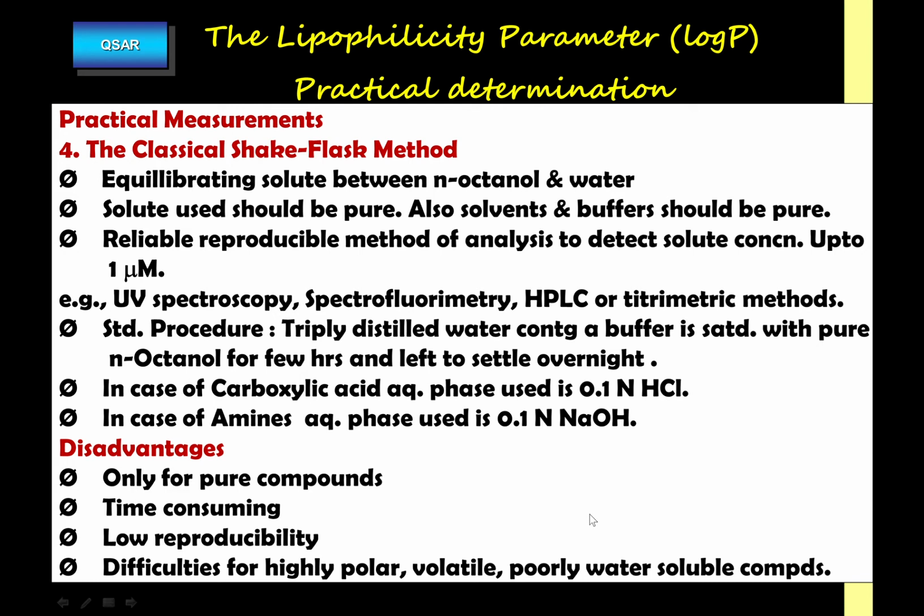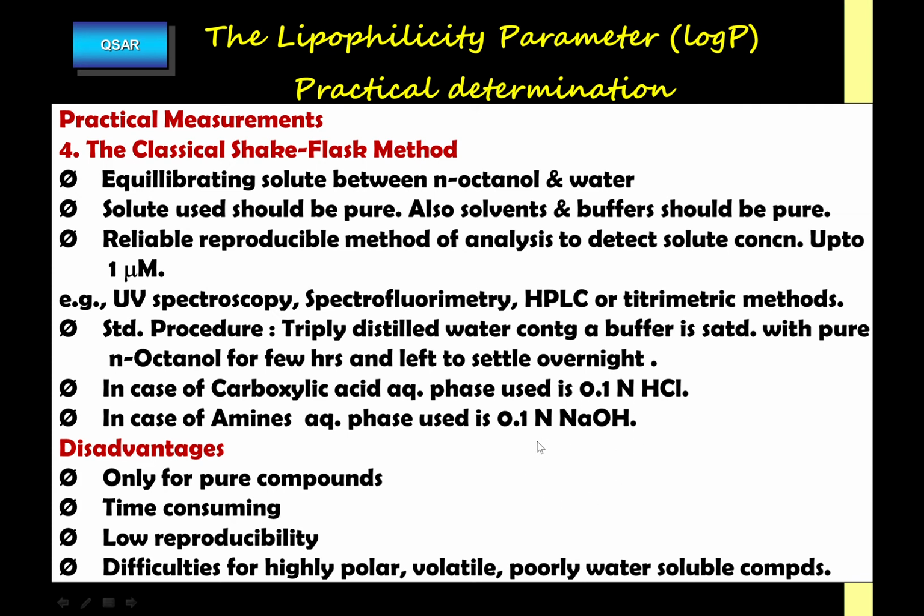Practically, log P is measured by the shake flask method, equilibrating solute between the octanol and water, and the solute should be pure. Sometimes water, if it is plainly used, should be doubly or triply distilled. Otherwise, in case of say acidic solutes, you take 0.1 normal HCl, or in case of basic, of course, you take 0.1 normal NaOH.